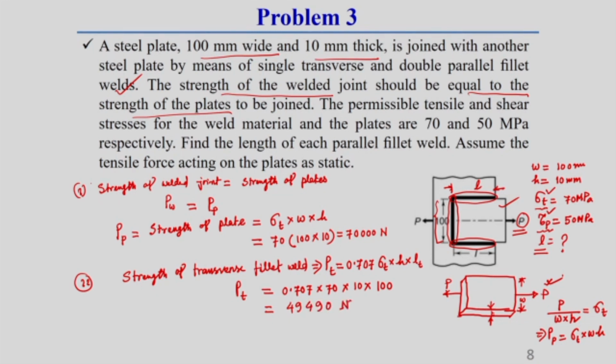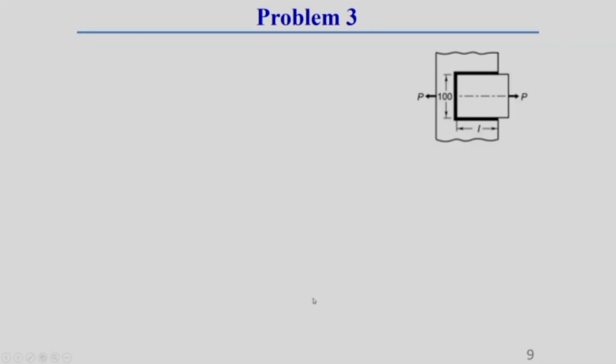Now, we will find out the strength of the parallel fillet weld. So, third step, strength of double parallel fillet weld. Here I am representing the double parallel fillet weld strength as PD.